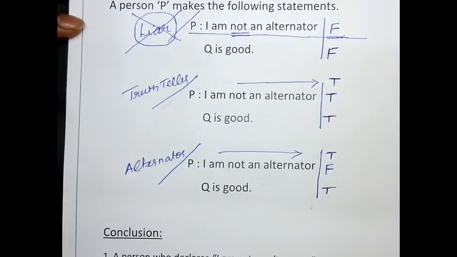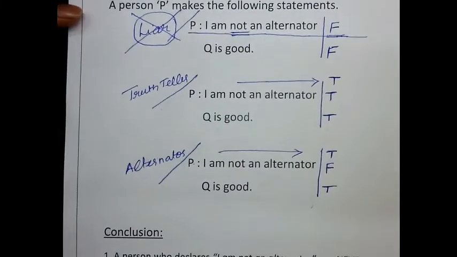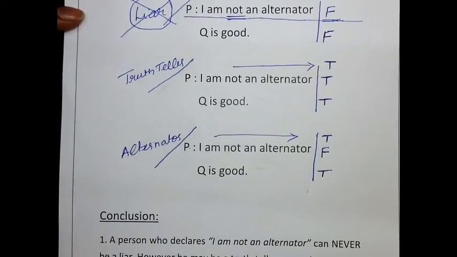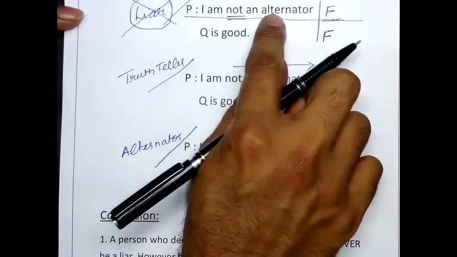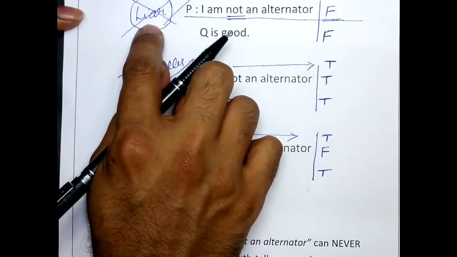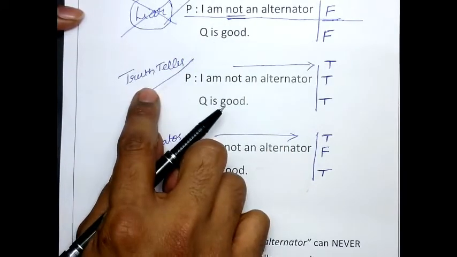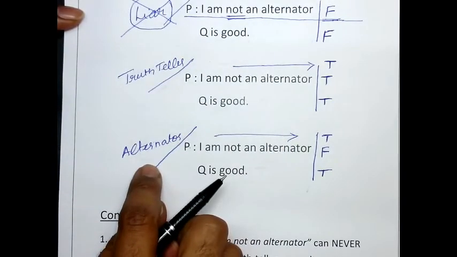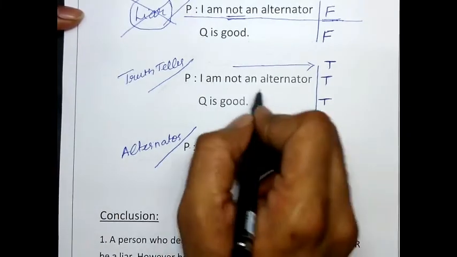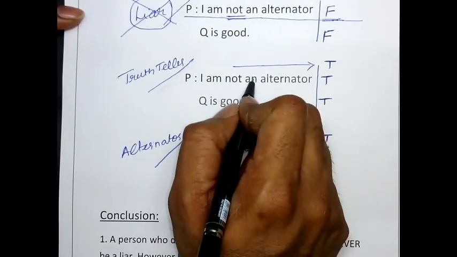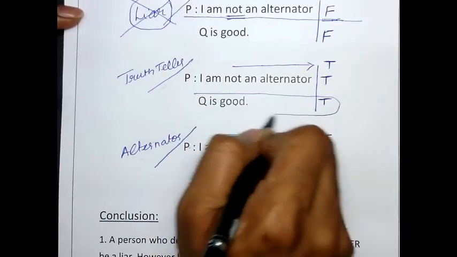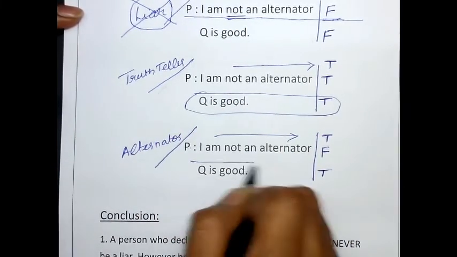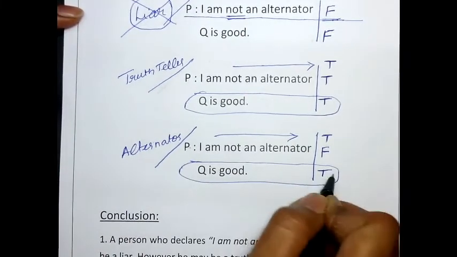Now, what is the interesting observation that you can make here? A person who says I am not an alternator can never be a liar. He may be a truth teller or he may be an alternator. The statement that is lying immediately after I am not an alternator will definitely be a true statement.